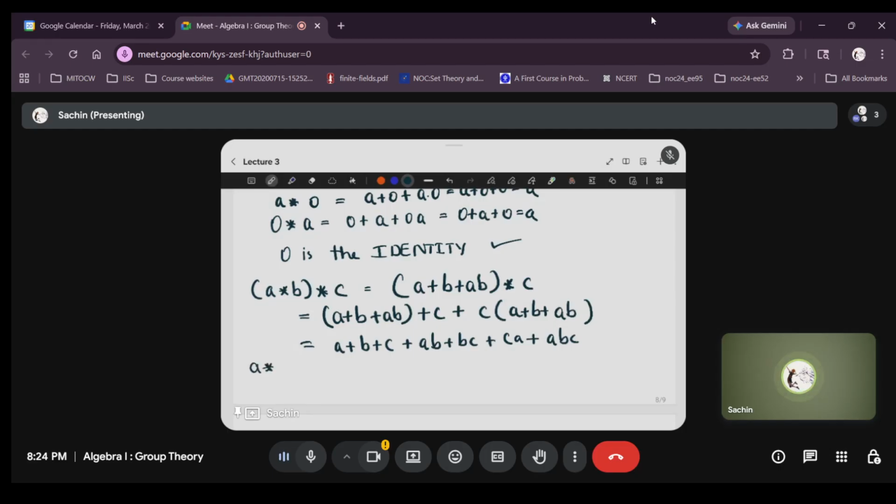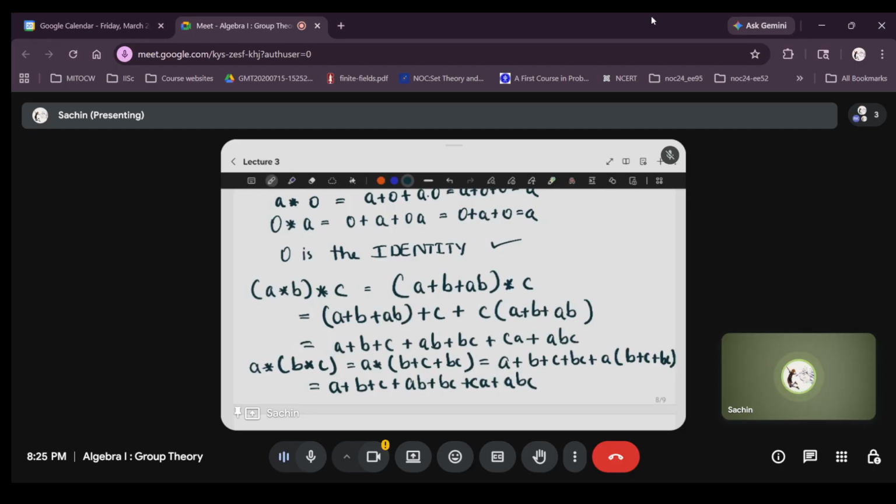If we do it the other way, A star B star C is A star B plus C plus BC, which is A plus B plus C plus BC plus A into B plus C plus BC. Again, if we rearrange the terms, you will get A plus B plus C plus AB plus BC plus CA plus ABC. So associativity is also satisfied. A star B star C is nothing but A star B star C.